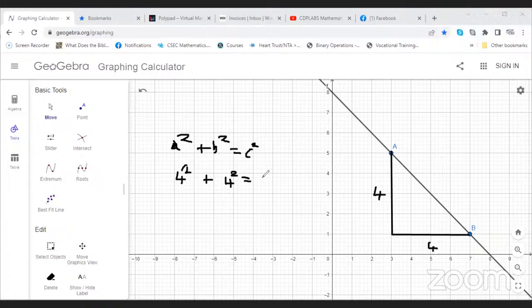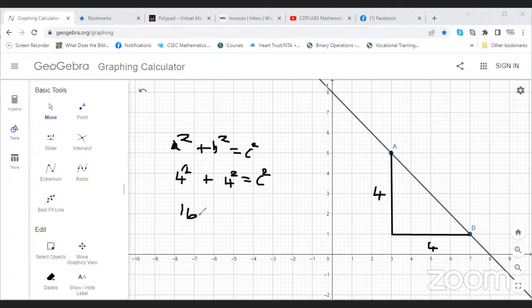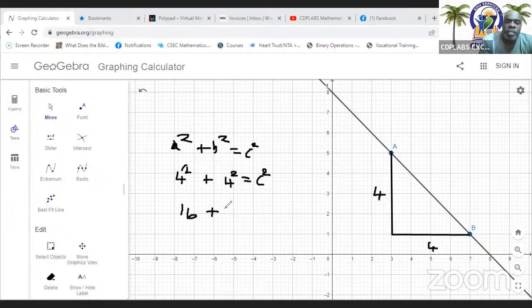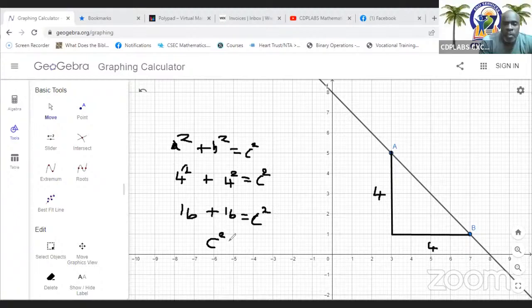So we now find c squared. 4 squared is 16 plus 16. We're going to get c squared. So 16 plus 16 is 32, right? So we can say c squared is equal to 32.